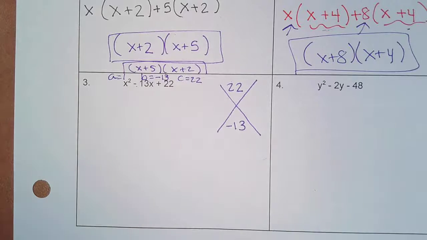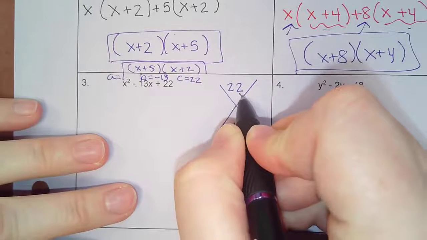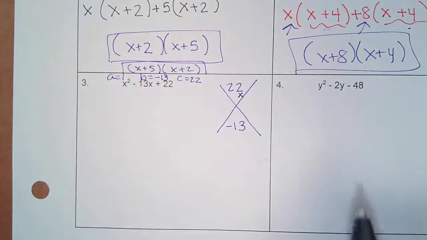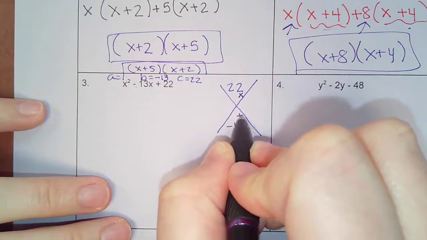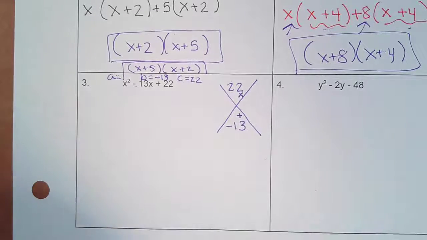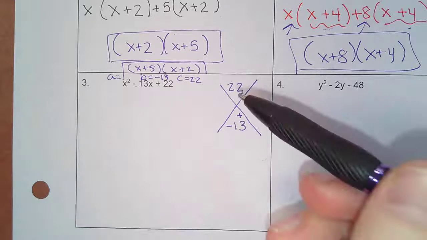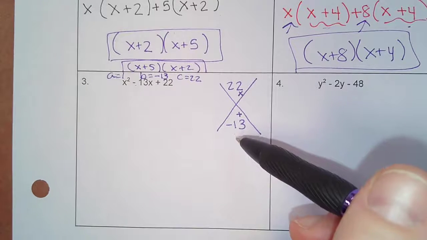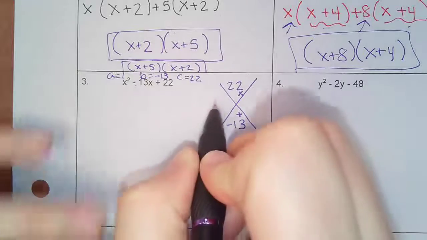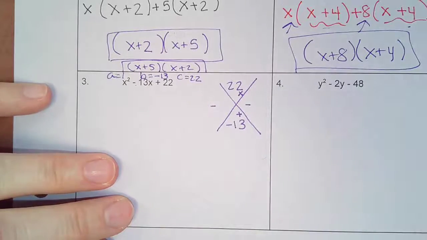So now, I'm looking for two numbers that multiply to positive 22, but then they add to negative 13. The only way for numbers to multiply to a positive and then add to a negative is if they're both negative.